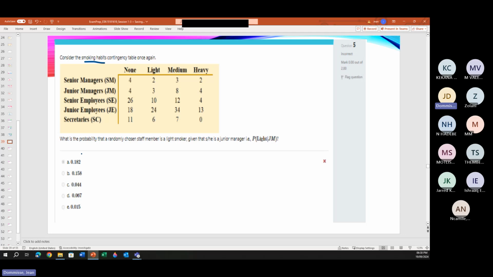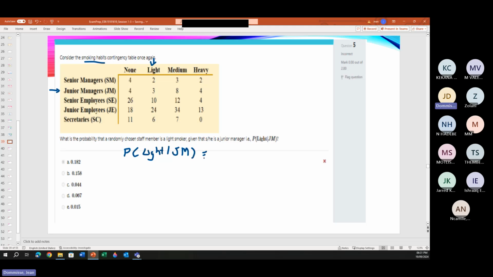What is the probability that a randomly chosen staff member is a light smoker, given that he is a junior manager? Okay, so light given junior manager.